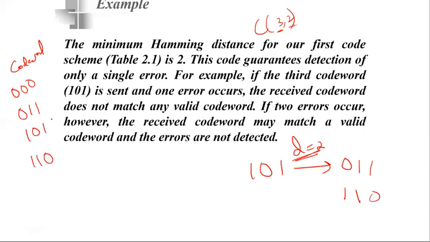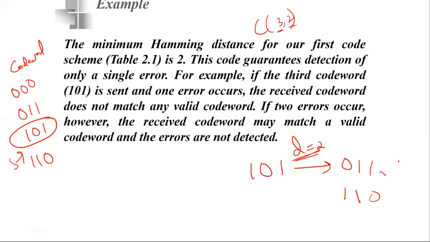So we are sending this one. The sender has selected the code word 101. And there is a mismatch, a transmission error. There is an error during transmission, and it is either sending 011 or it is sending 110. That is, the Hamming distance is 2. In that case, the receiver will receive either of these two.